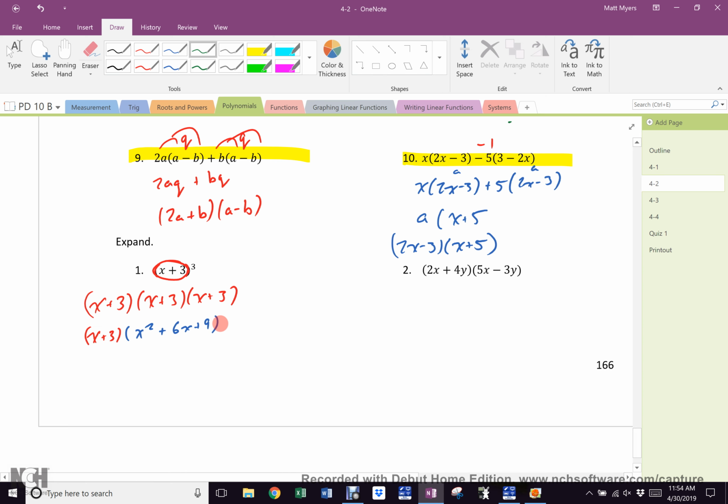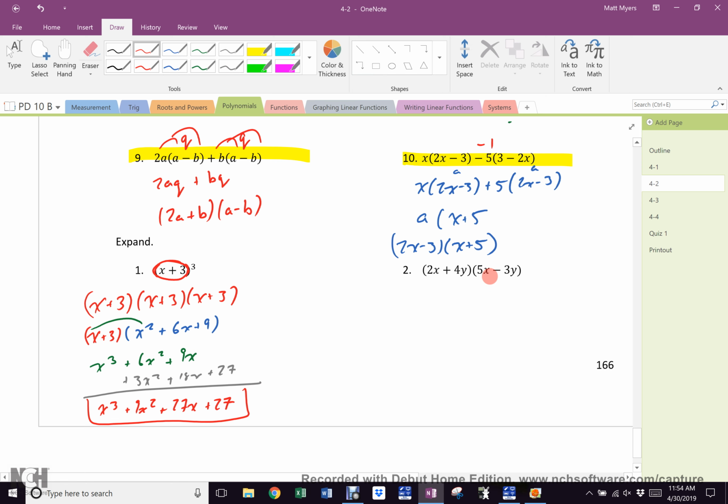Then I distribute again. x cubed plus 6x squared plus 9x plus 3x squared plus 18x plus 27. Then I collect my like terms to get x cubed plus 9x squared plus 27x plus 27.